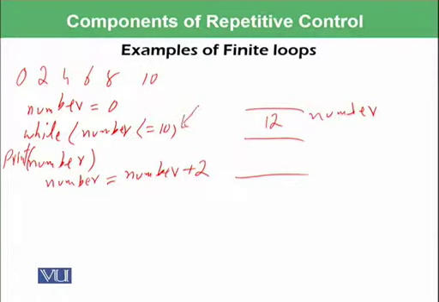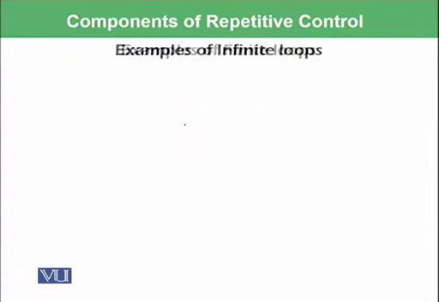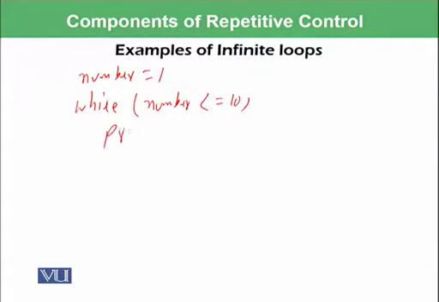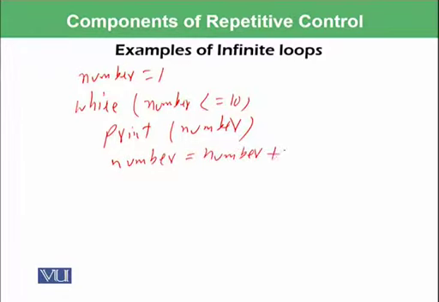That's perfect. However, the same loop can be redesigned with a little trick, as you will see. We have number is assigned 1, while number is less than or equal to 10, print number, and number is assigned number plus 2.